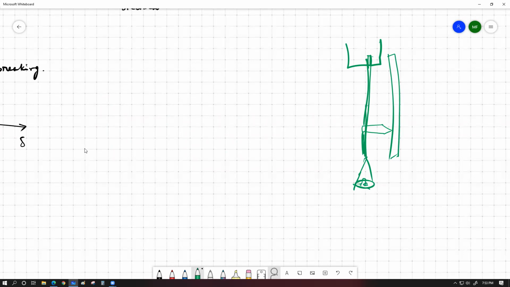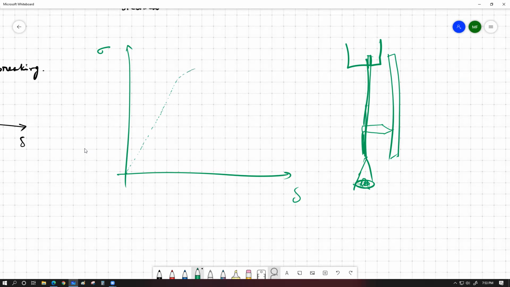So let's say initially there is no load, so we start the graph of stress versus strain from this point. And then as we slowly start to add more and more load, this marker is going to slowly go down and down and down. So if we start to plot the points, we're going to get a graph that looks like this. There is going to be a very significant portion till which the graph is a straight line. And then the graph is going to start bending like that.